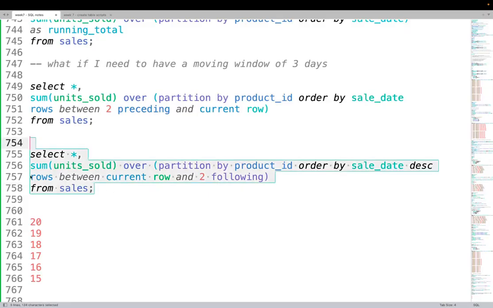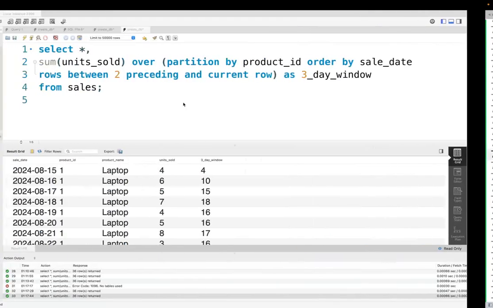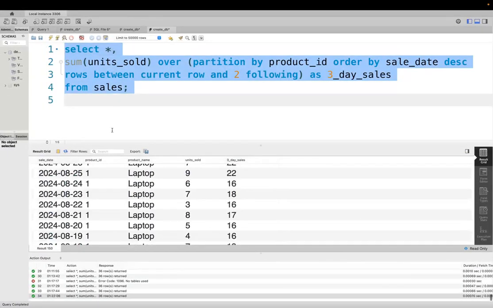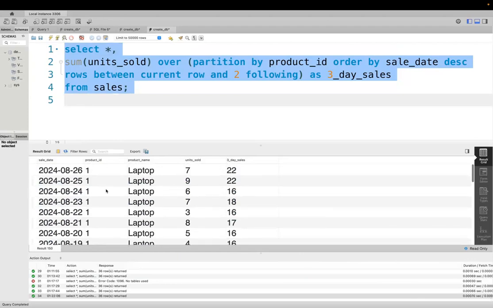Let me show you that, and I will name it 3-day sales. So let me take this, put it here, run it, and you can see on 24th, six quantities of laptops were sold.